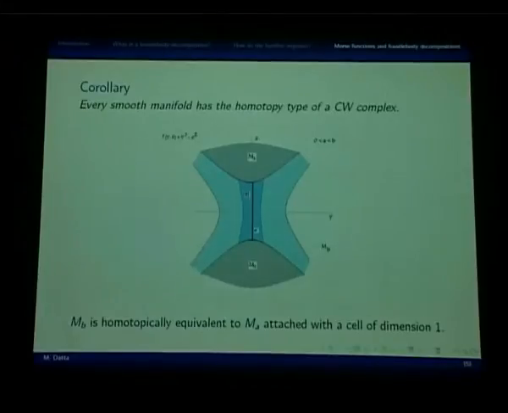I have squeezed this h portion. If you look at the h, in the middle you have a black line. You can squeeze this h portion onto this line segment. So basically we will be left with dk. The handle was dk cross dn minus k. I was attaching it around the boundary, and you are left with this.